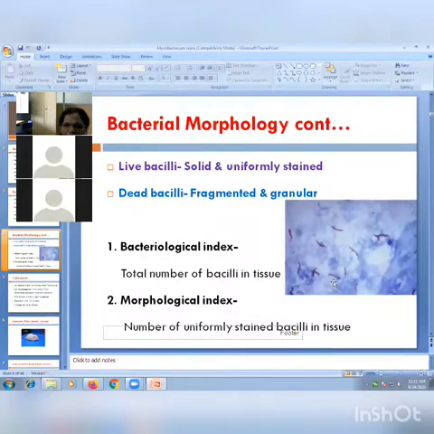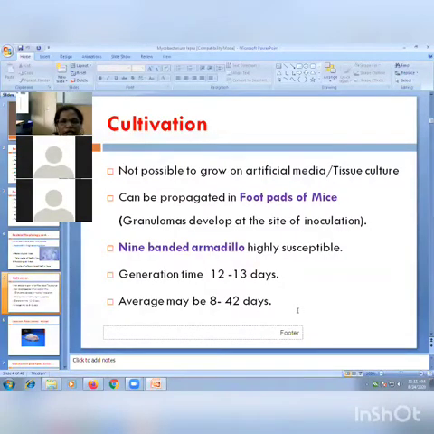So they appear in a fragment-like structure like this. Live bacilli appear as red bacilli with uniform staining, as compared to dead bacilli, which are seen in fragments. It is called bacteriological index.